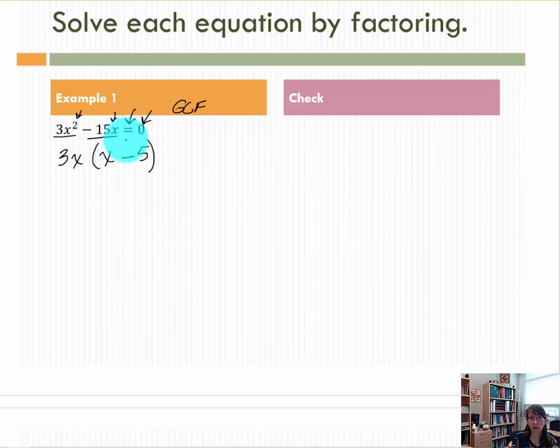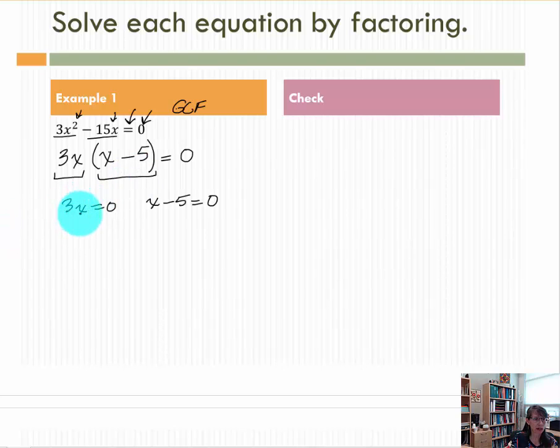Also, you can see that the original was an equation equal to 0, so we must keep that. So now we have our zero factor property to use. Each factor is going to be set equal to 0. So 3x equals 0 and x minus 5 will be set to 0.